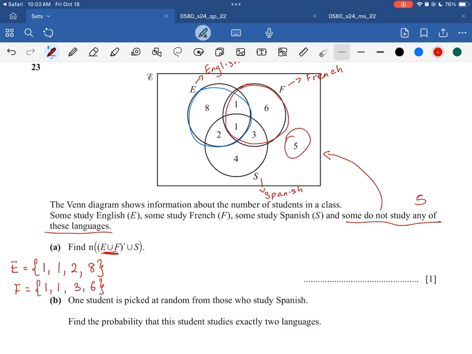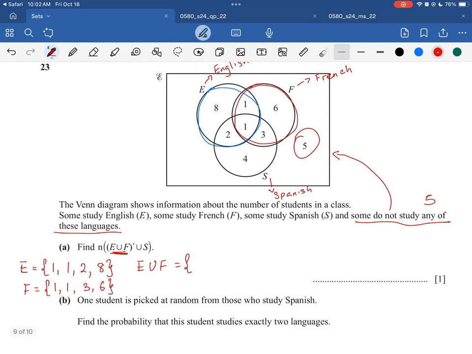Now E union F, I'm taking it step by step. E union F is, remember, the union is everything in those two sets without repetition. You see a lot of numbers repeat here, so this set is not going to be a big one.